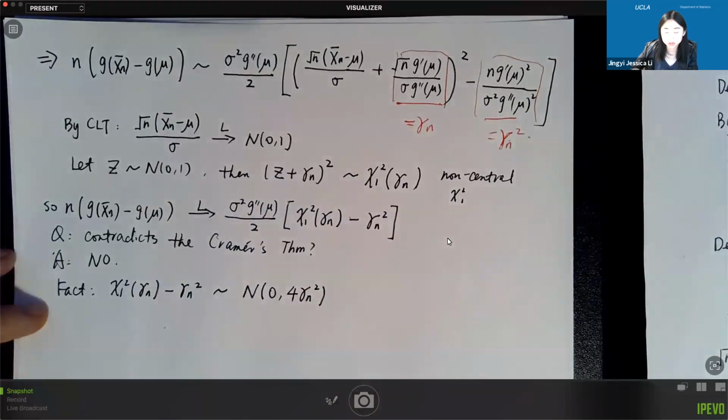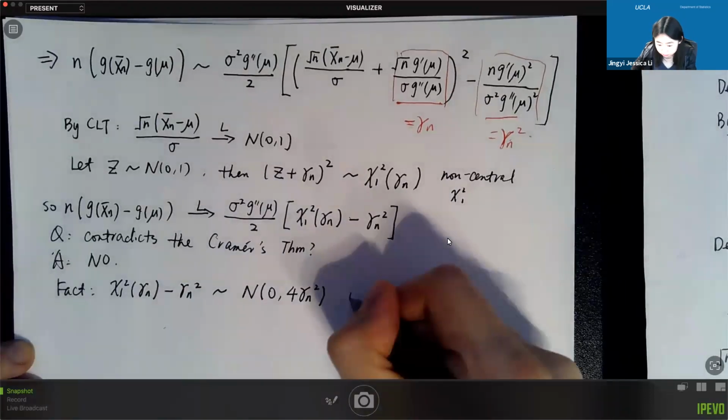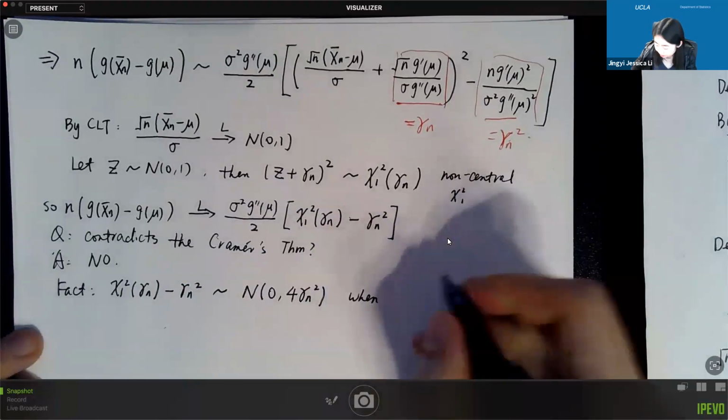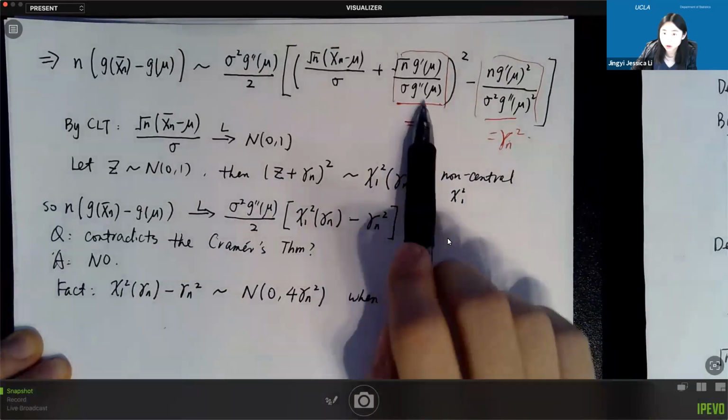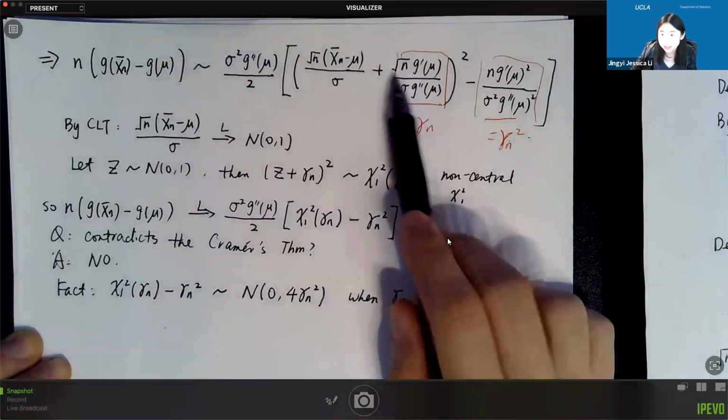This is a very interesting fact when gamma n is large. You see gamma n involves root n inside.